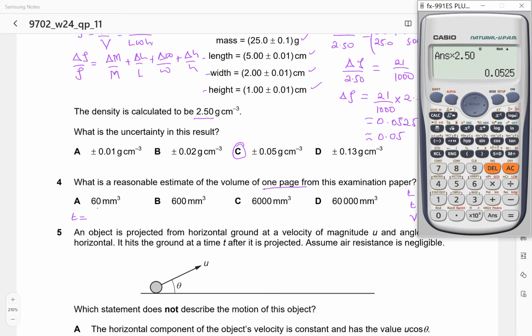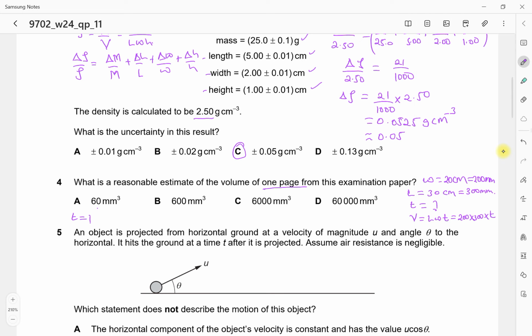I'll just check my calculator. So this is 60 divided by 200 millimeters times 300, which is giving an extremely small thickness, that is 1 times 10 to the power of minus 3 millimeters. That is too small, so this is going to be out.